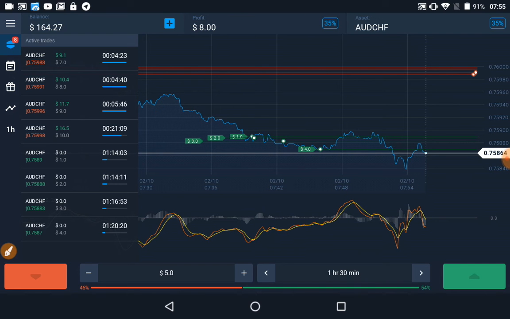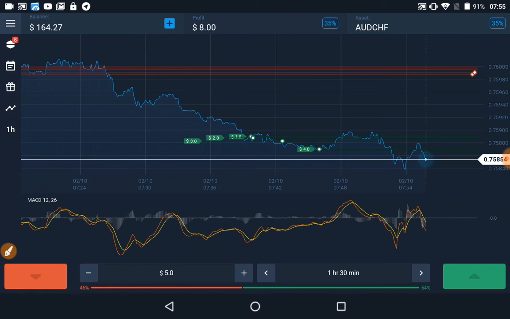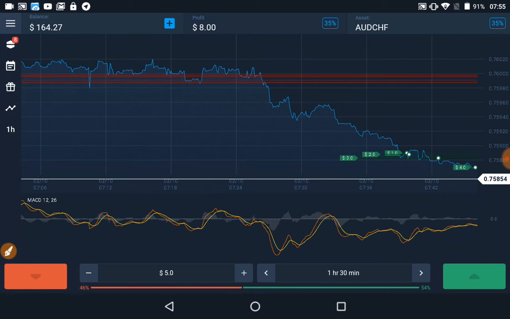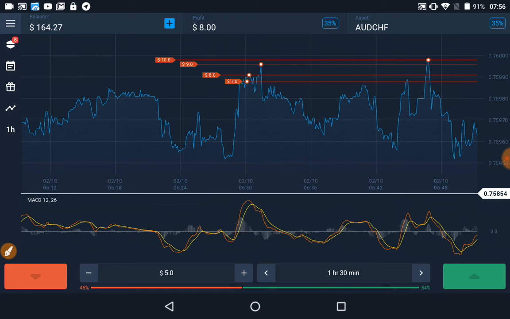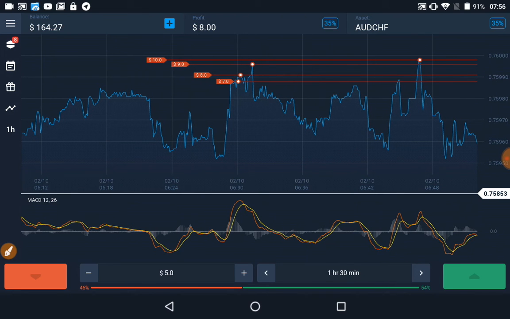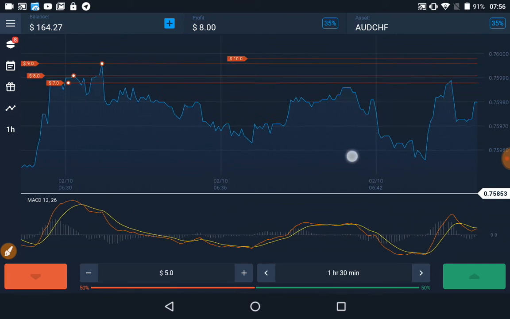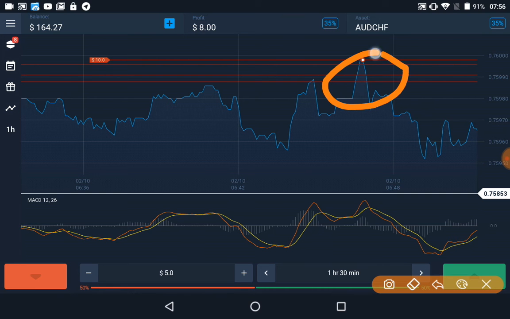A couple of other things that I wanted to show is, many times it looks as if I'm timing the market. So if I get back here to the start of my trades, at this point, this looks like I'm timing because I managed to get this peak.